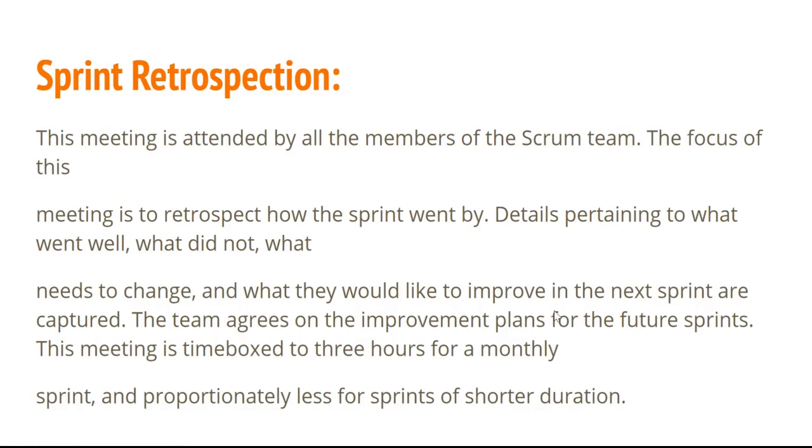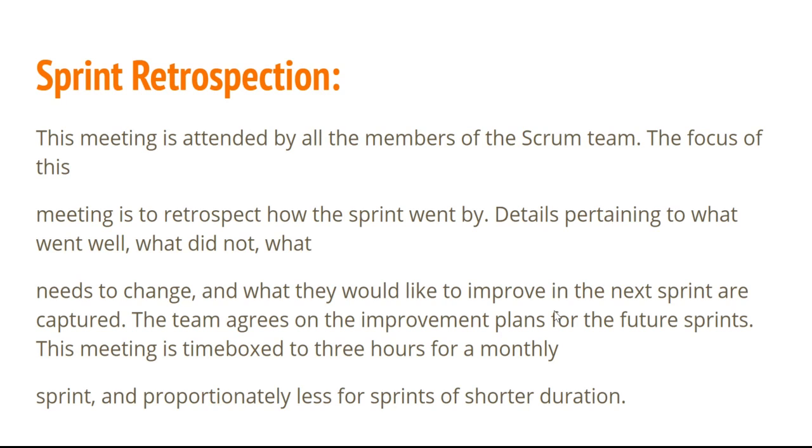Another meeting that we have is the sprint retrospective meeting. The sprint retrospective meeting is attended by all the members of the Scrum team. The main agenda of this meeting is to retrospect how the sprint went by.